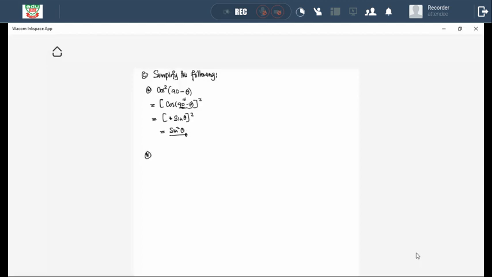you are given, say, sine squared of theta minus 90. This is going to be: open a square bracket, sine of theta minus 90, close that, all squared.